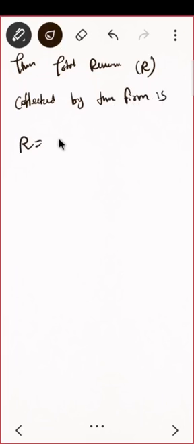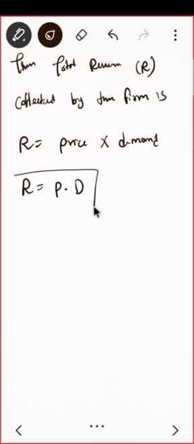R is equal to price into demand, that is R is equal to P into D. You remember this, R equal to PD. This is small p, and D is a function of P. Okay.